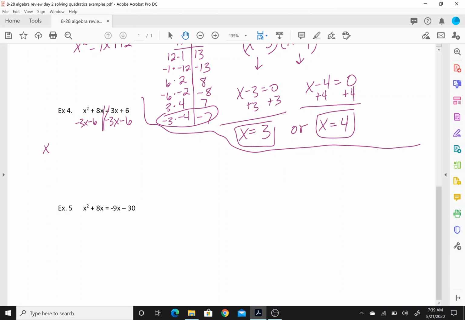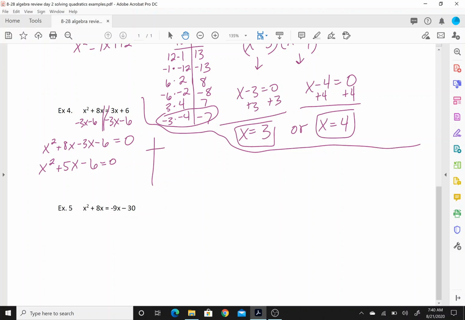So we have x squared plus 8x minus 3x minus 6, and then the right-hand side will be 0 now. So we'd have to combine like terms here because we have these two x terms. So x squared, and then 8x minus 3x is 5x minus 6. And then now do your little chart.